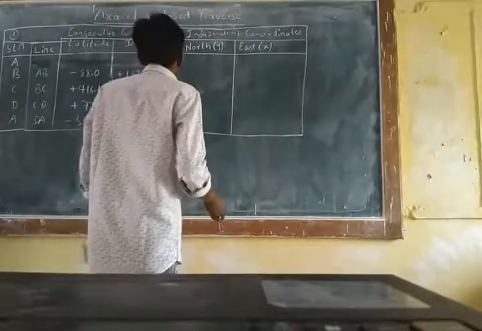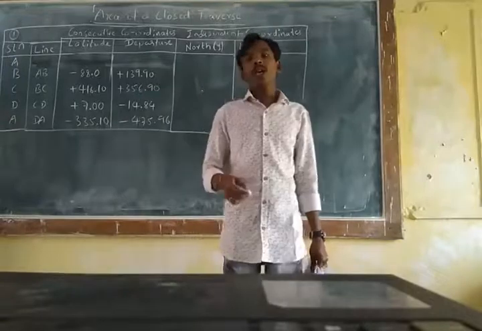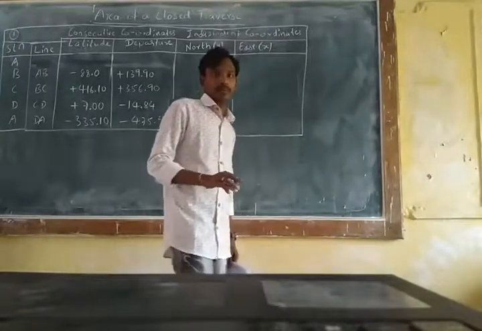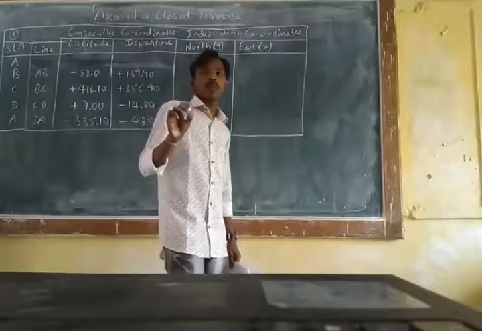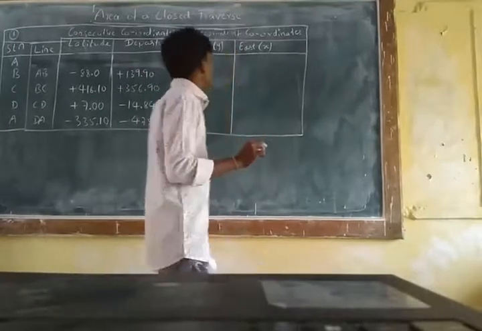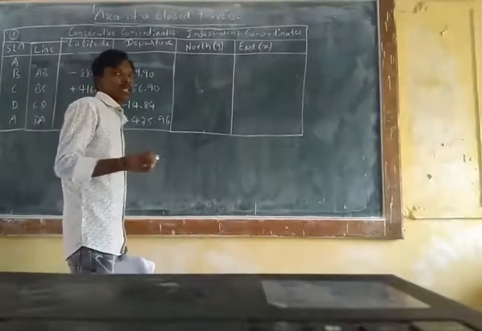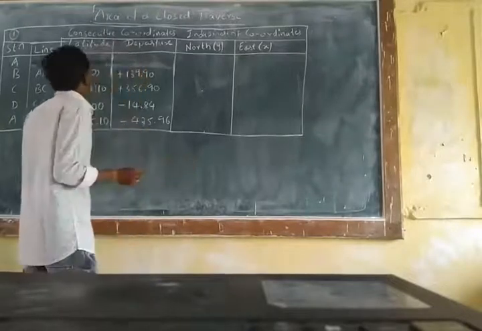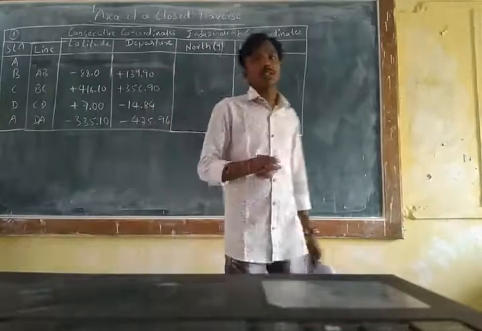We can assume anything. In the notes which I have provided, I have assumed 200 and 100. For the particular students of my college, they will know this. Others can't see the coordinates which I have taken in the notes.